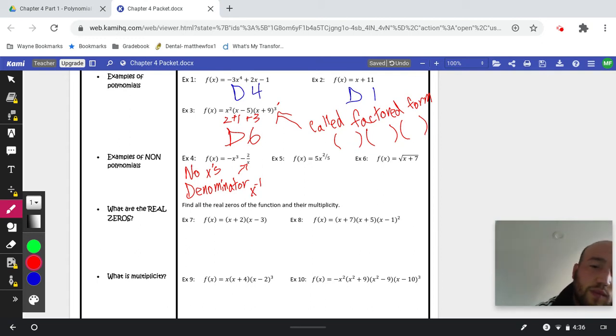The second one does not work because we said we can have no fraction exponents.